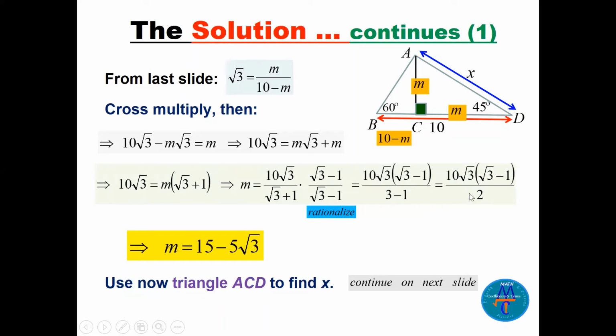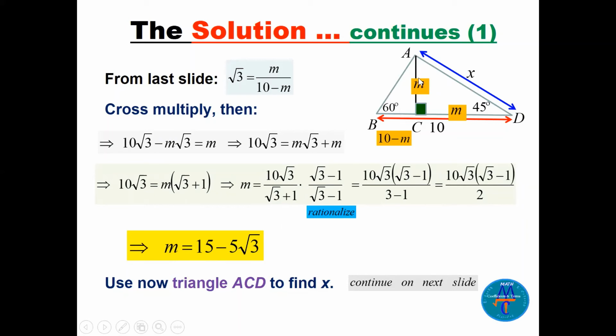So 10 divided by 2 will be 5 here. You see 5 square root of 3. Now we multiply. Remember, 5 square root of 3 times square root of 3, that will be 15. And we have 5 square root of 3 times the 1 with the minus there. So that's minus 5 square root of 3. This is the value of m.